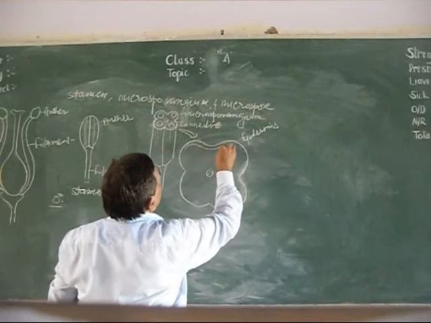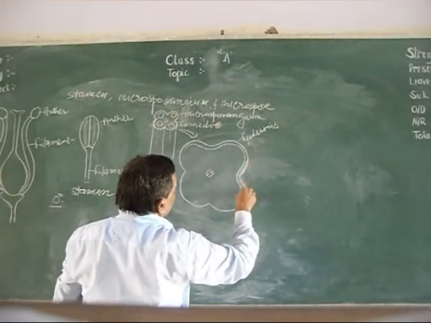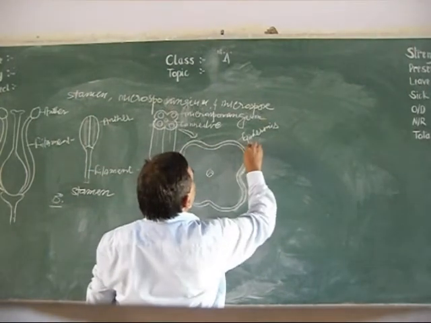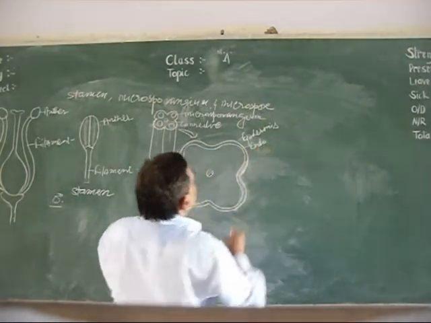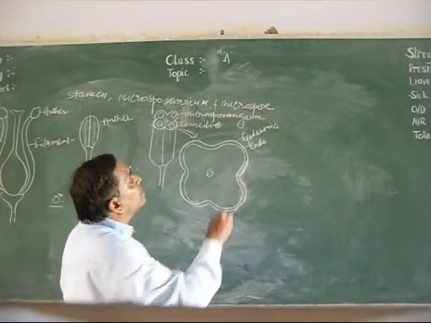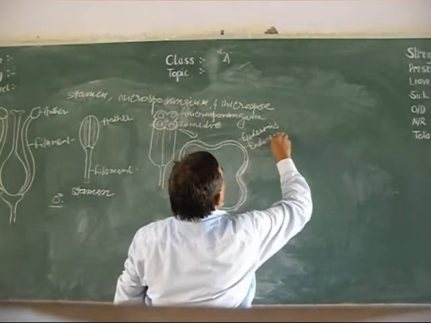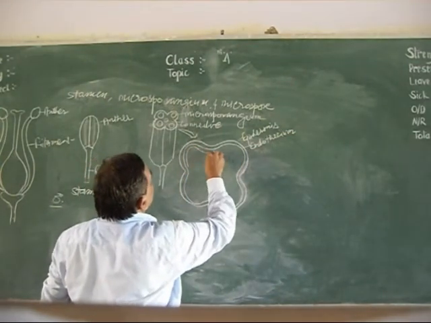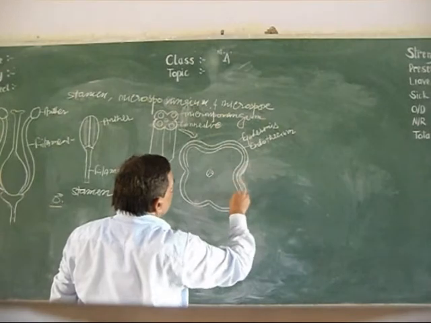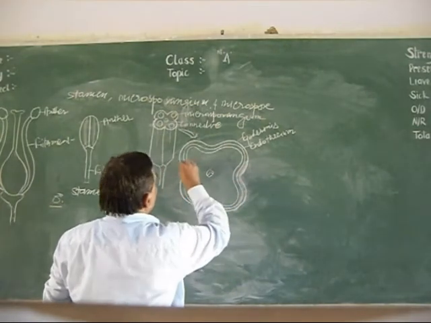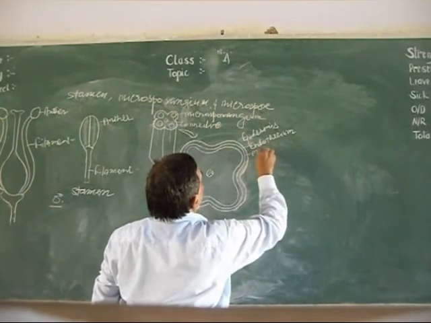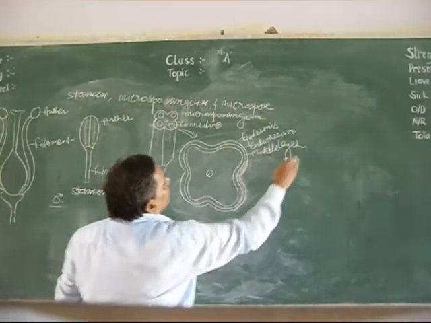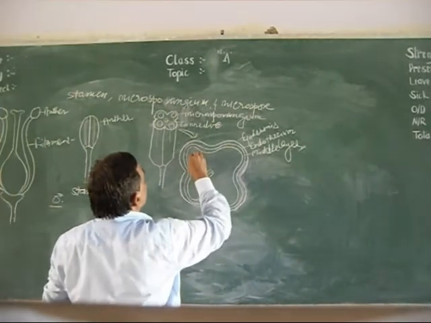Then the second layer is called the endothecium. In examinations, they also ask about the sequence. Then there is the middle layer. Then there is the tapetum.